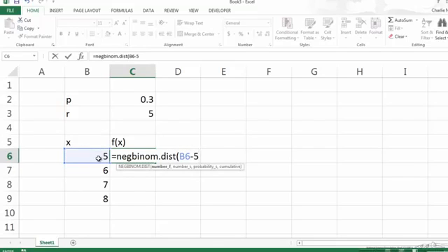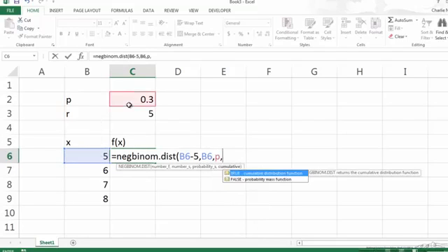Okay, so that's going to be the number of failures. For the first one, when x is equal to 5, that means we have 0 failures. Okay, the number of successes will just be our x. The probability of a success is our p. And the cumulative here, I'm going to put in false.